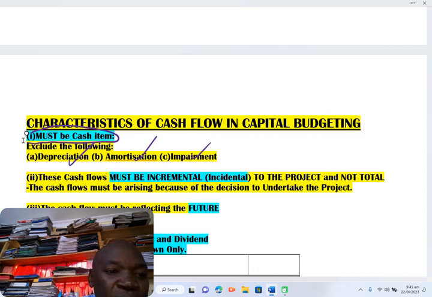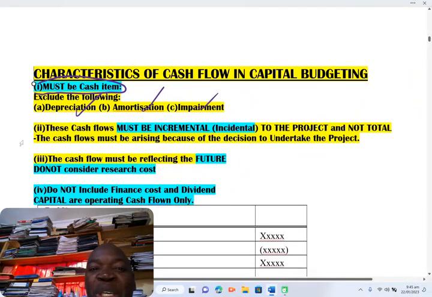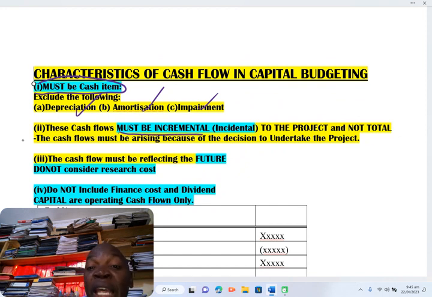Number two, the cash flow must be incremental, meaning that the cash flow must arise from the project itself. You may have four projects, so every project should have its own cash flow to be considered as a factor to run that particular project. The cash flow must arise because of a decision to undertake the project. Where the cash flows are not incidental or incremental, this is not a good measure.